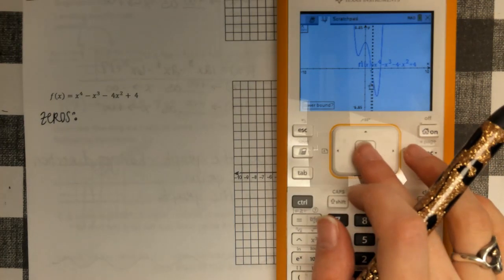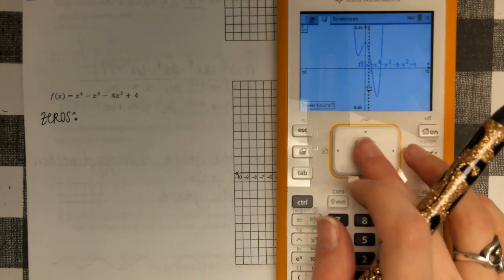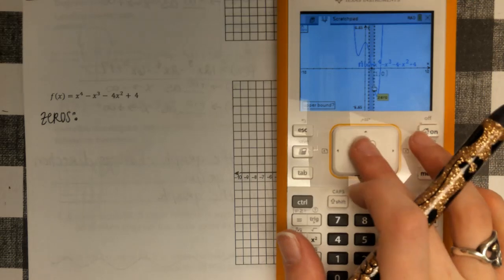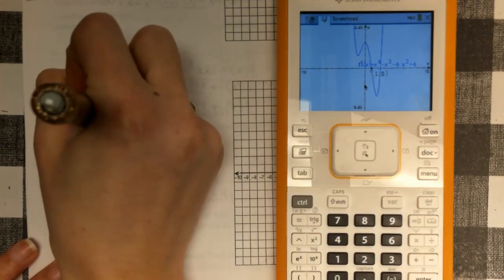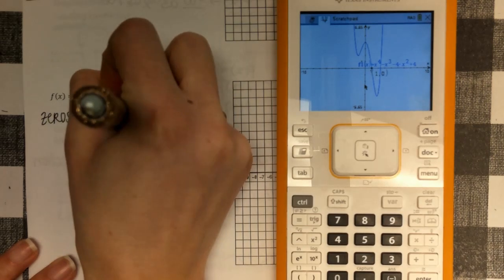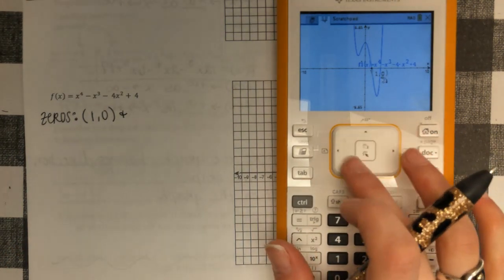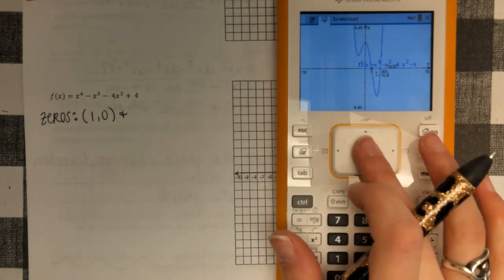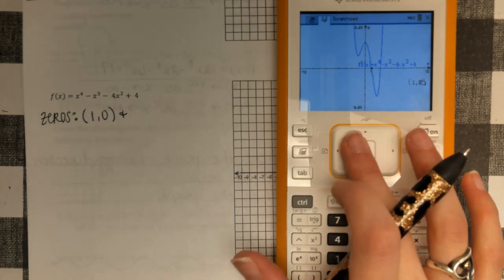Okay, so menu 6, enter. Go to the left of the x-intercept, press the center button. Go to the right of it, press the center button. So that first 0 is 1, 0. Y'all remember how to move the point so it's not in your way? You'll hover over it, hold the center button until your hand closes, and then move it sideways.